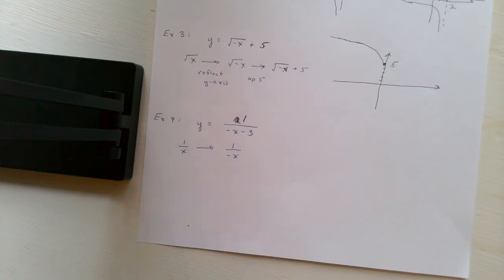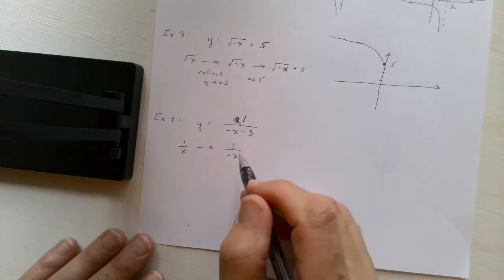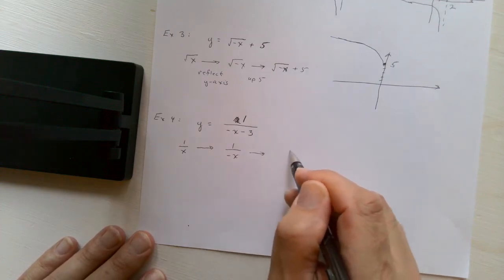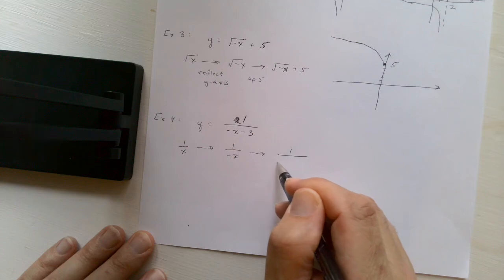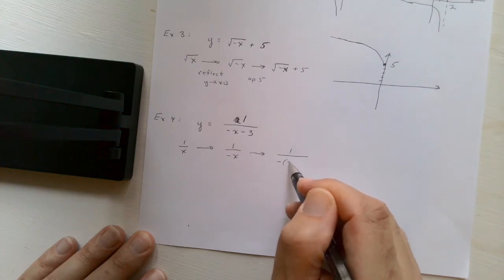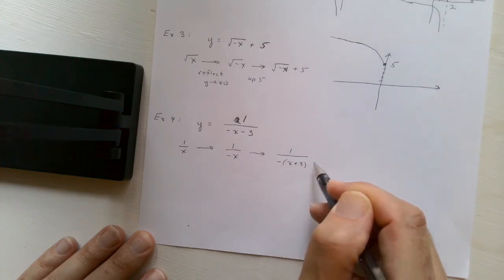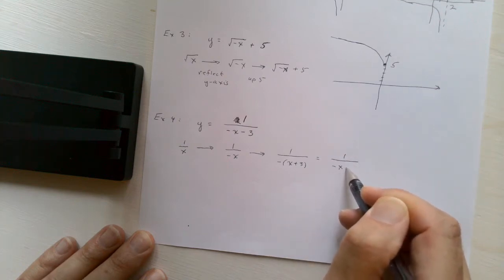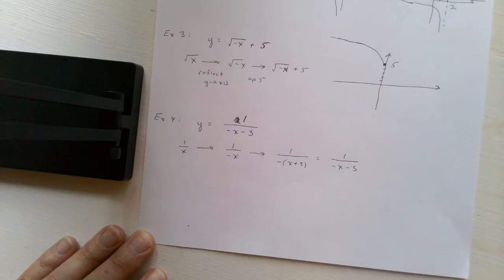We are not subtracting 3 from x. What we're actually going to be doing is we're going to be adding 3 to x, and then distributing it. So this is going to be 1 over minus the quantity x plus 3, which now becomes 1 over minus x minus 3.